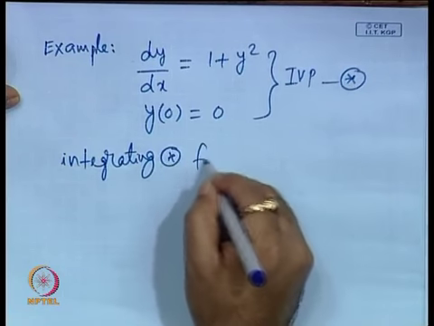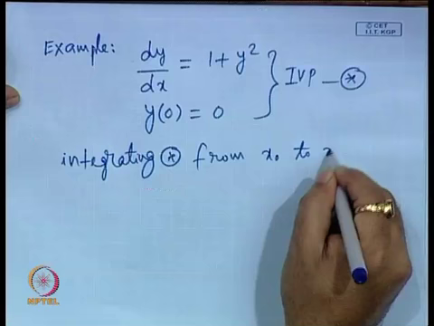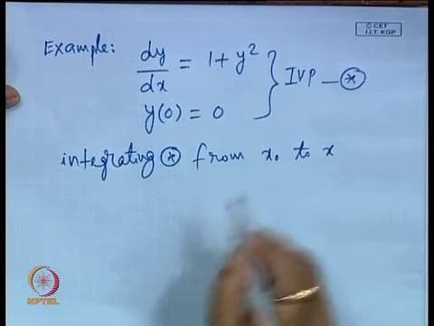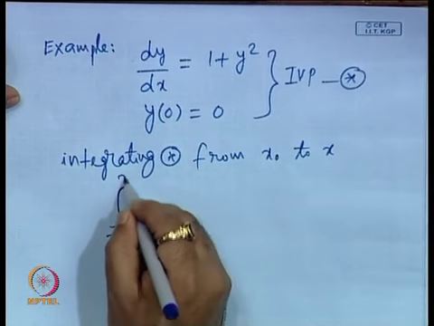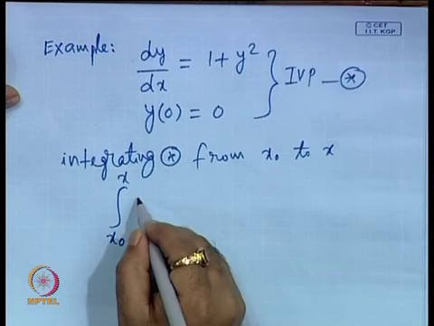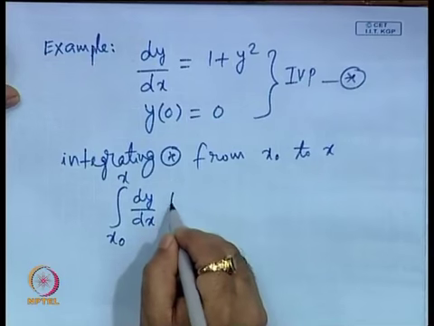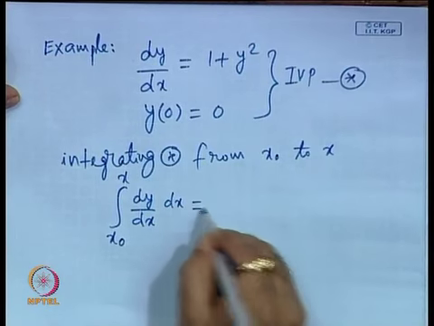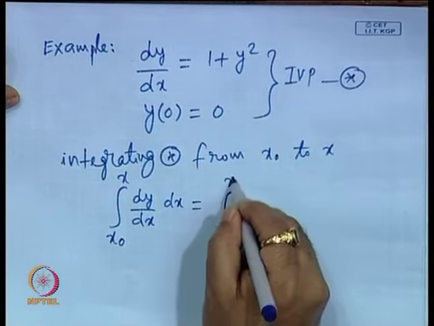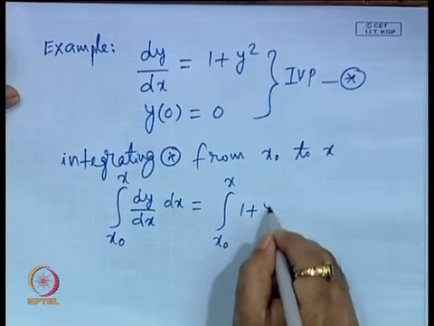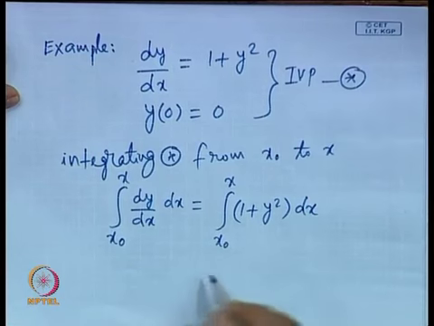Integrating star from x naught to x, dy by dx equals the integral from x naught to x of 1 plus y square dx.